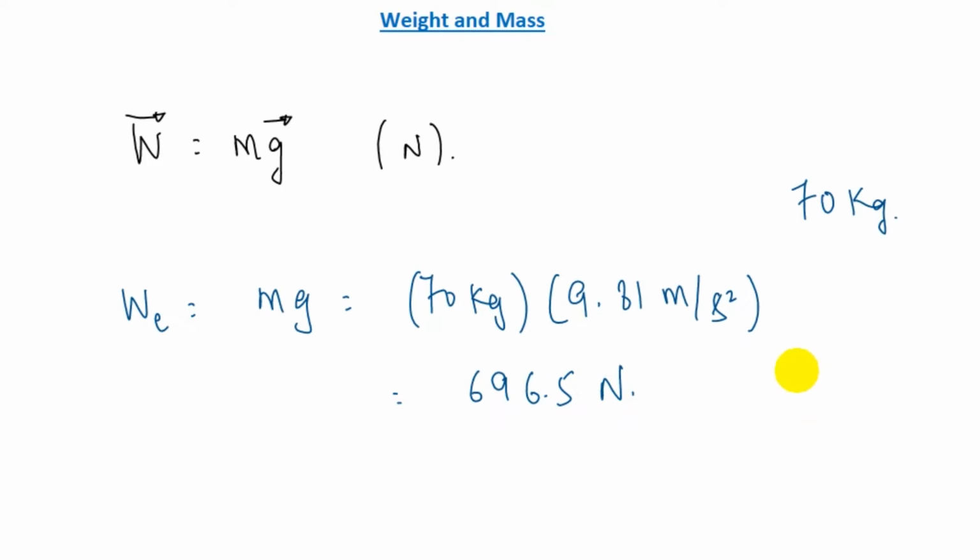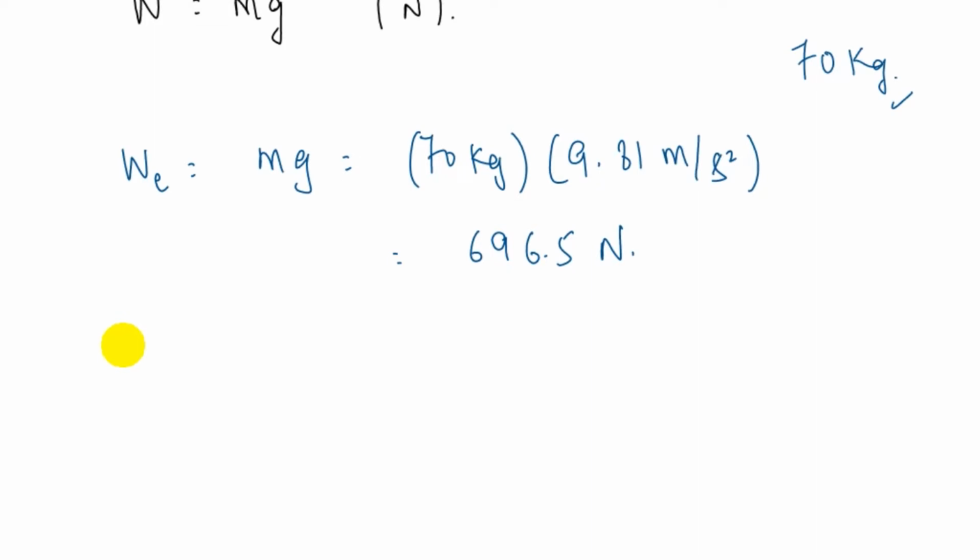Now will the weight be the same on the Moon? No. Although the mass will remain the same on the Moon, as the amount of matter remains the same regardless of location, the weight is going to change. What would be the weight? The weight of the same person on the Moon equals m times g, where we have to take g for the Moon. The g for the Moon is 1/6 of g on Earth.